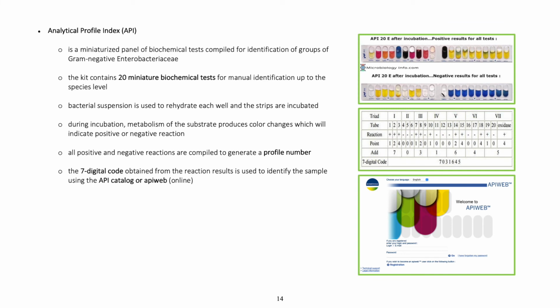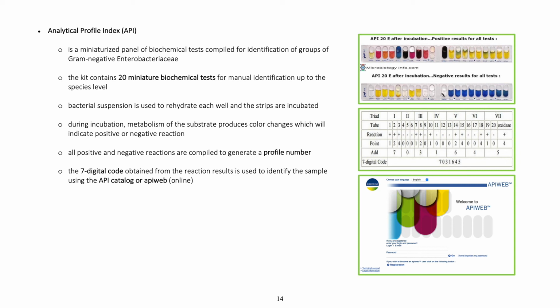Analytical Profile Index, API, is a miniaturized panel of biochemical tests compiled for identification of groups of gram-negative bacteria. The kit contains 20 miniature biochemical tests for manual identification up to the species level. Bacterial suspension is used to rehydrate each well, and the strips are incubated.